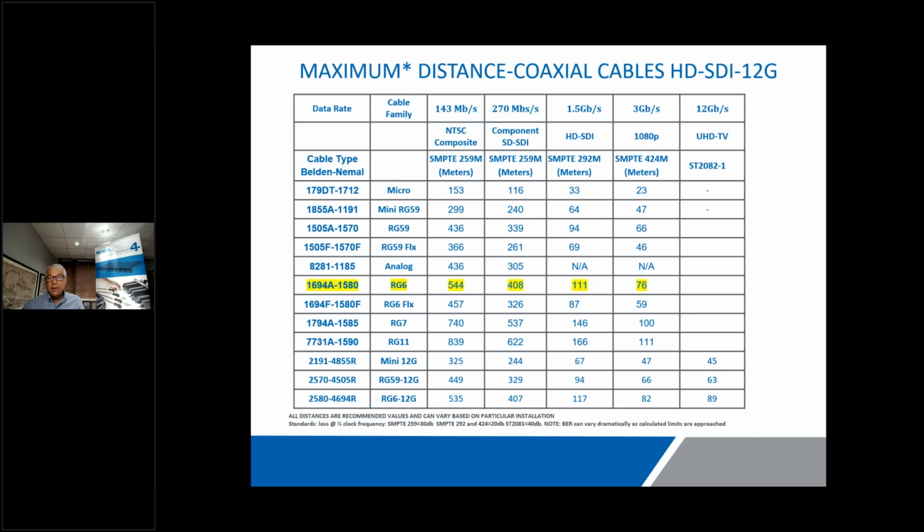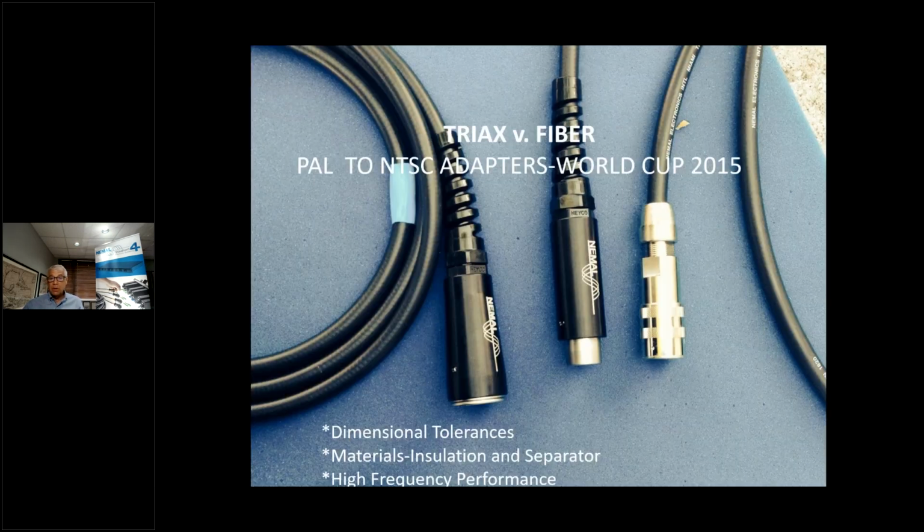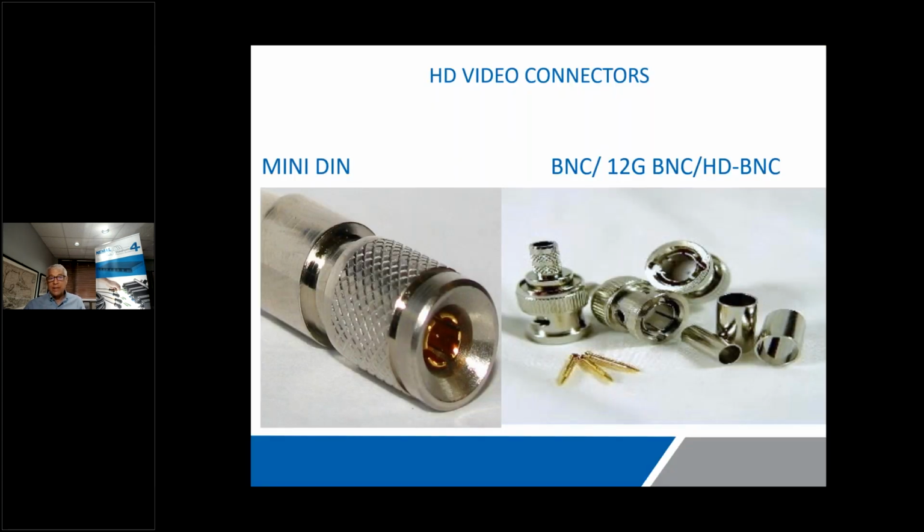The point is here that if you've got to make this choice, you really want to consider, if you get even close to what these limits are, you may want to consider fiber, which is going to solve a lot of problems. These same considerations and degradations in performance apply to triax as well as to coaxial connectors.